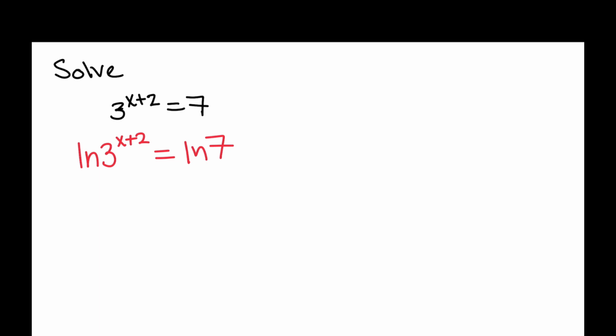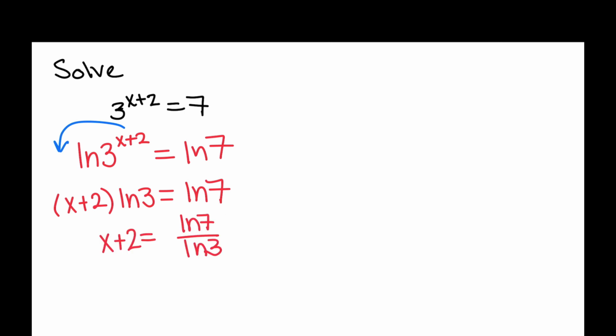We can't use that inverse property here to cancel things out, but we do have a property that says if you have log of an exponential, you can take that exponent, move it out front, and it becomes a product. And so now we have the quantity x plus 2 times ln 3 equals ln 7. One way to solve for x is we could divide both sides by ln 3.